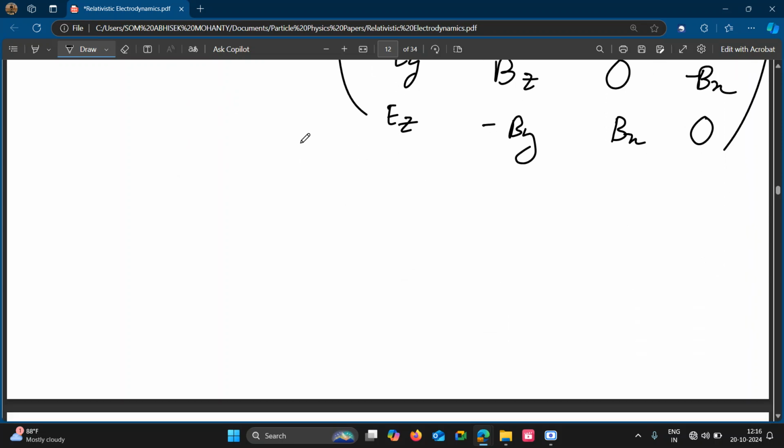This is a tensor of rank 2. This is the electromagnetic field tensor, which is used in various places, and it transforms like a rank 2 tensor.